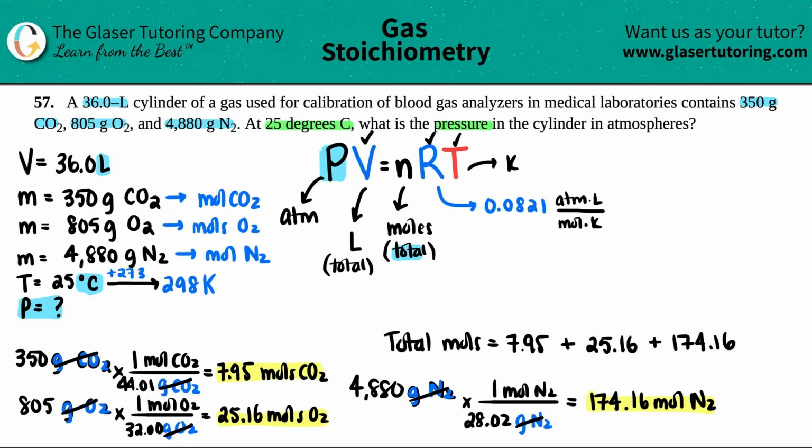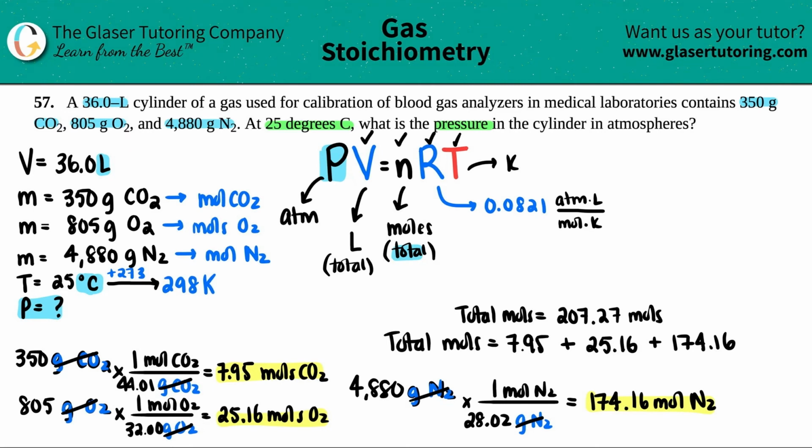So let's see. 7.95 plus 25.16 plus 174.16. So I have a total moles of 207.27 moles of my mixture. And that's what's going to go here. And now I finally have my N value.